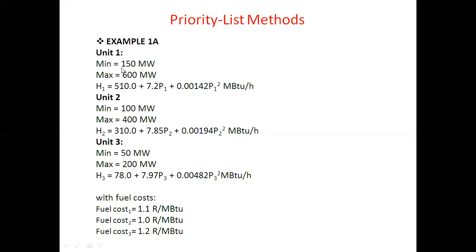So we concentrate very much on the maximum demand and the minimum demand of each unit. For unit 1, the minimum demand is 150 megawatt and the maximum demand is 600 megawatt. For unit 2, the minimum demand is 100 megawatt and the maximum demand is 400 megawatt. For unit 3, the minimum demand is 50 megawatt and the maximum demand is 200 megawatt.